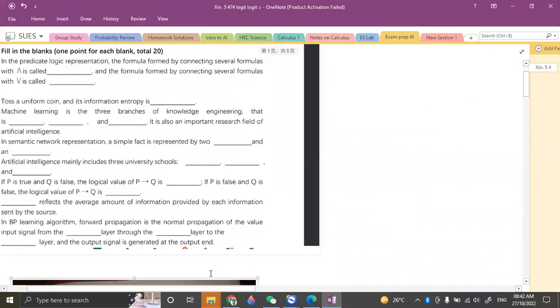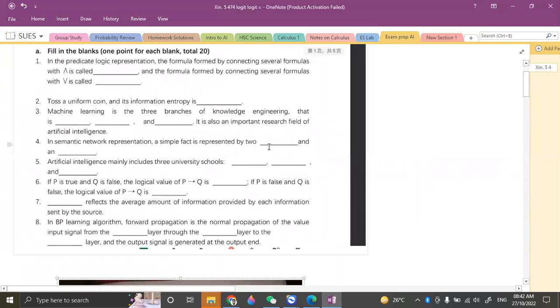So the first question here: in the predicate logic representation, the formula formed by connecting several formulas with this sign. This sign means and, right? So you can think this way.